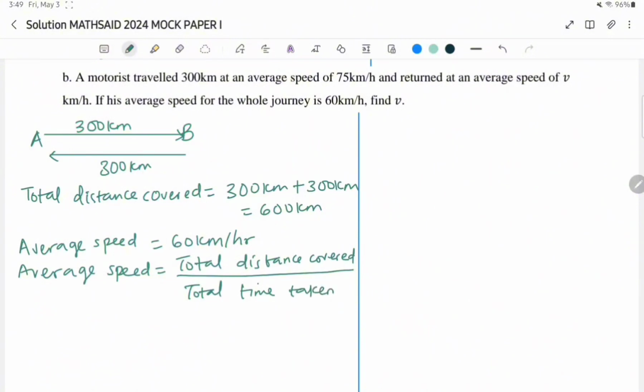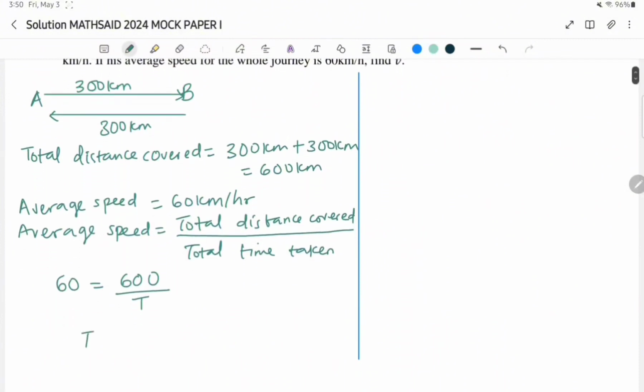The average speed we are given is 60 and the total distance we calculated is 600. So the total time taken, let's represent it with capital T. That means 60T, when we cross multiply, is 600. So capital T is 600 over 60, and that's 10 hours. So the total time taken is 10 hours.